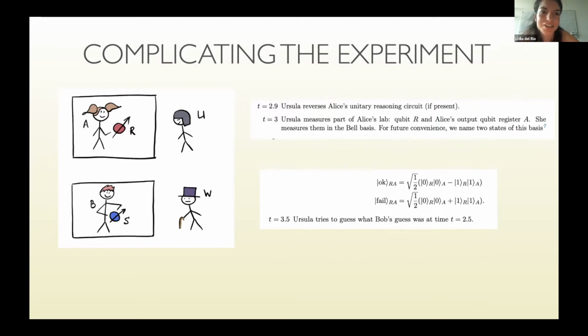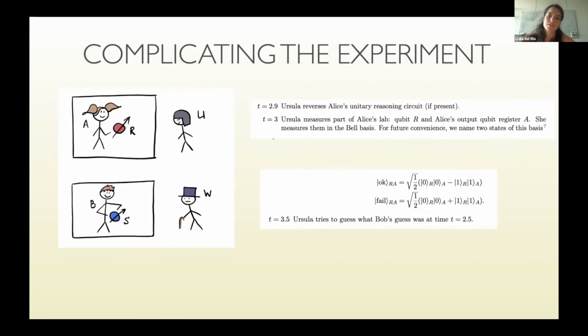Okay, so we're going to complicate the experiment. We put Alice and Bob inside closed labs, and now we have these meta agents from the outside, which we call Ursula and Wigner, which will do things to them. First, Ursula will reverse whatever unitary reasoning circuit Alice did before.